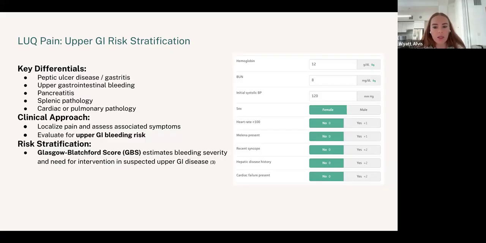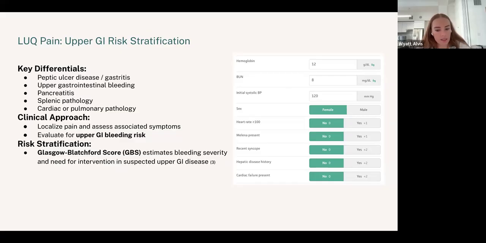Essentially, scoring a 0 to 1 would be low risk patients who wouldn't require admission or any urgent endoscopy, and would be managed as outpatients with good follow up, which is another importance of outpatient follow up. And then scoring a 2 or greater suggests an increased risk of some sort of clinically significant upper GI bleeding and the need for admission for at least observation and possible endoscopy from there.